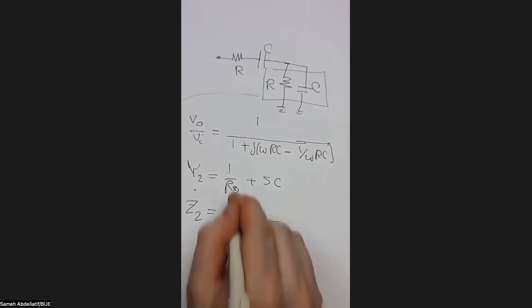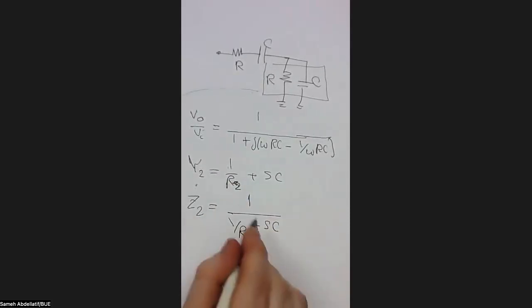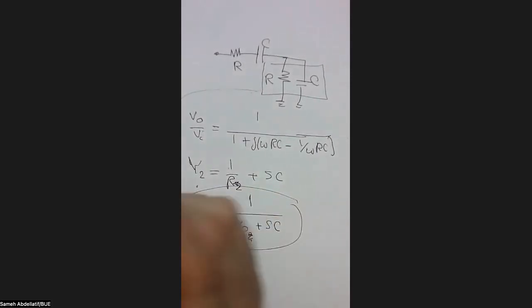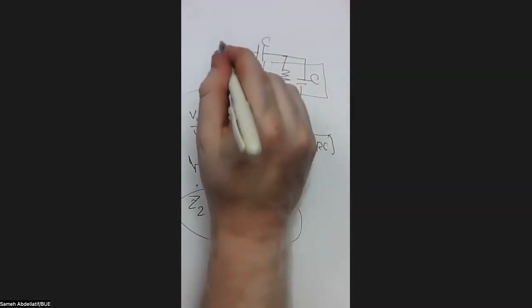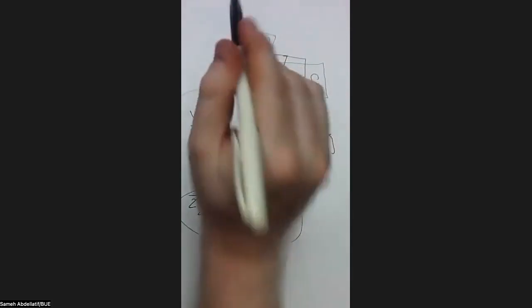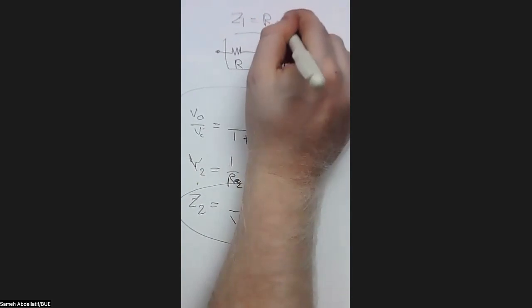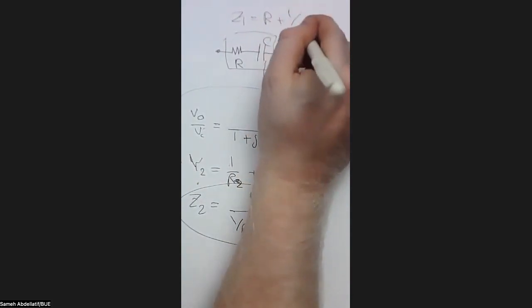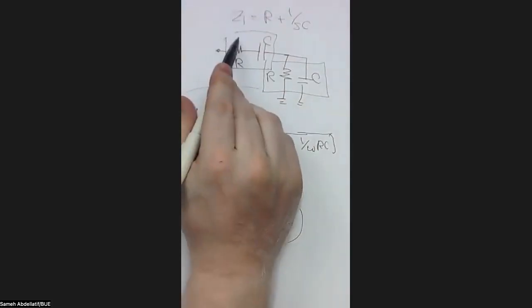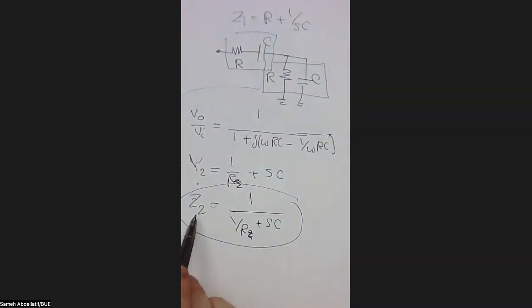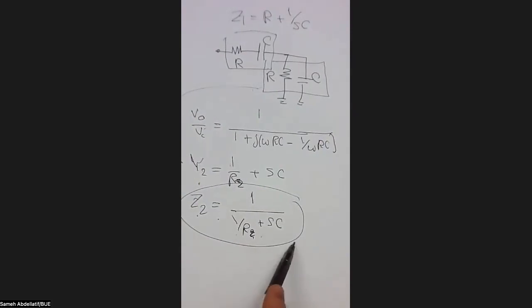Z2 is 1 over (1/R plus SC). And simply Z1 is the series combination of R and C, so Z1 is R plus 1 over SC.